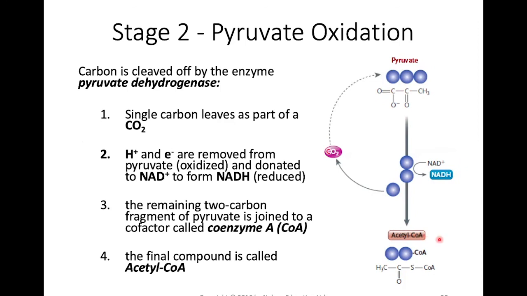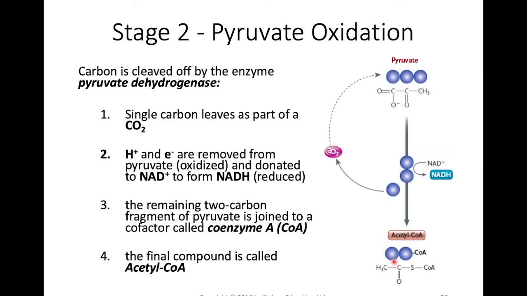Okay, so as I mentioned before, the specific enzyme that's going to be cleaving that bond between the carbons is known as pyruvate dehydrogenase. Right? The single carbon is going to leave as part of that CO2 molecule. Those hydrogens as well as electrons are going to be removed from pyruvate, which is oxidation, and then they're going to be donated to the NAD+, reducing it into NADH.